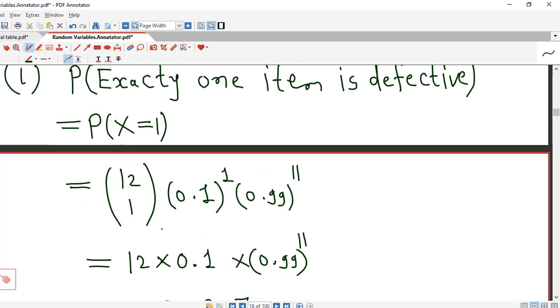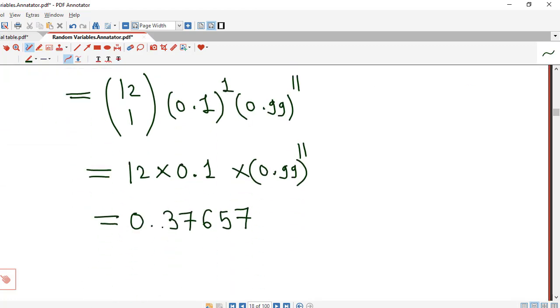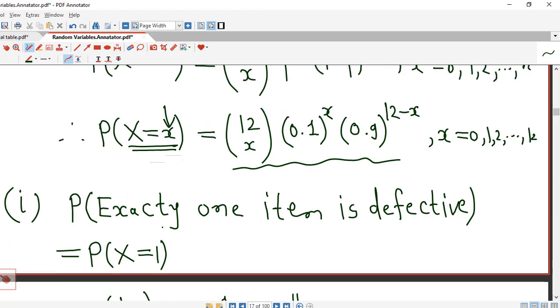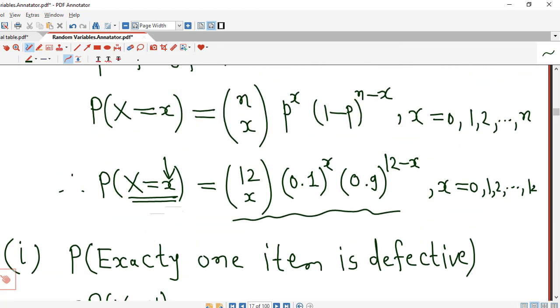So probability that exactly one item is defective is 0.37657.